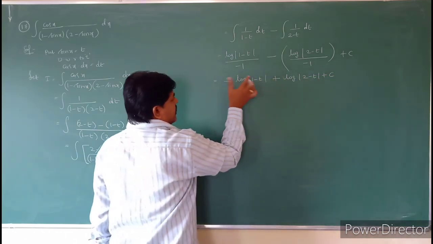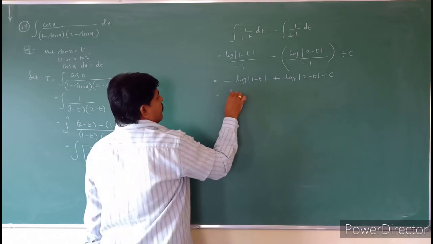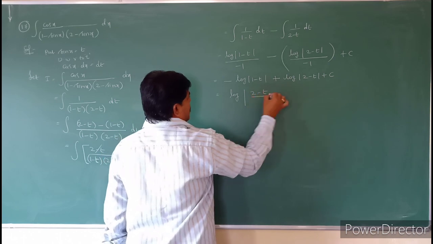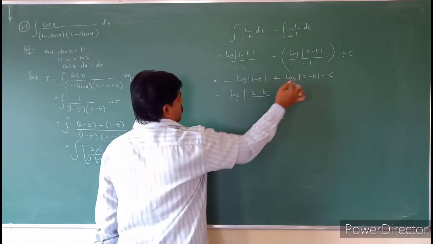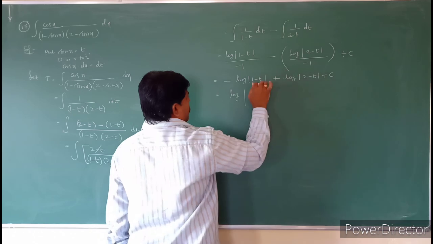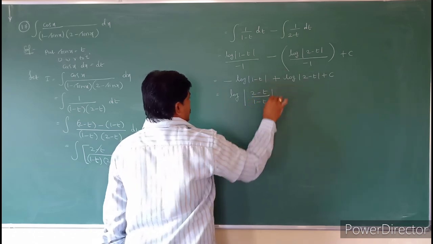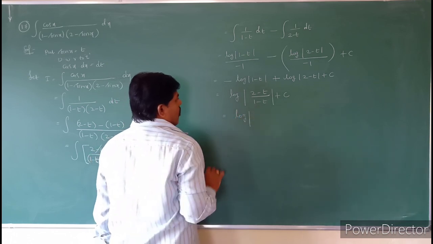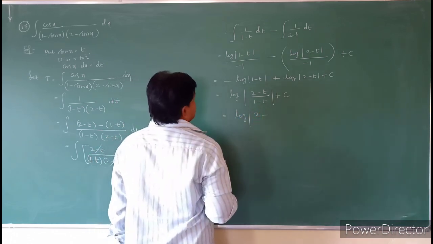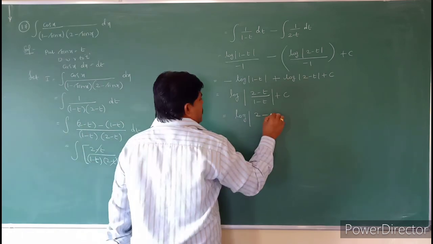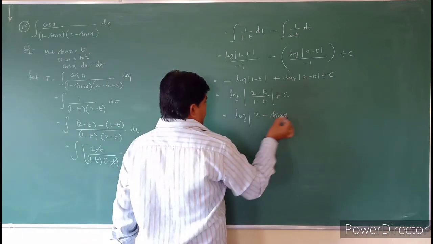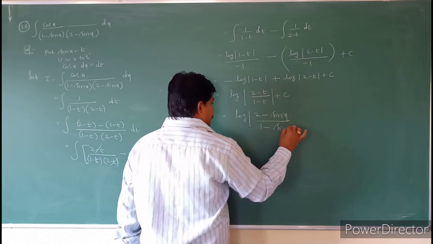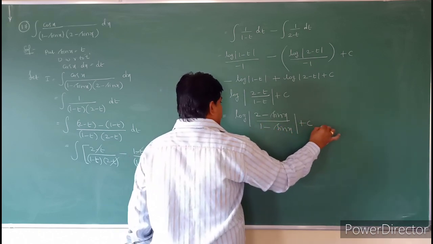Log a minus log b you can write as log of a by b. So that is log of mod 2 minus t by 1 minus t plus c. What is the t value, students? The t value is nothing but sin x. So log of mod 2 minus sin x by 1 minus sin x plus c.